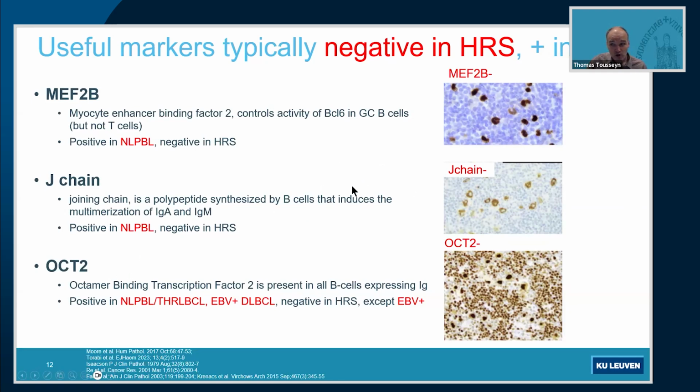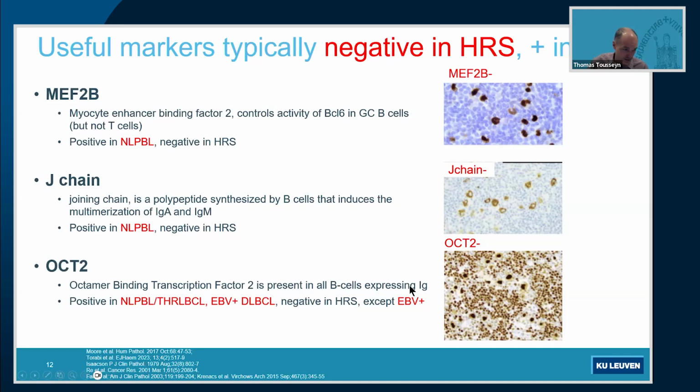And then we have OCT2. OCT2 is a B-cell transcription factor, which is a very useful one, because if you look here at the panel, there's very strong expression, for example, in nodular LP, in other B-cell markers, or in other B-cell lymphomas, but it should be negative in Reed-Sternberg cells.